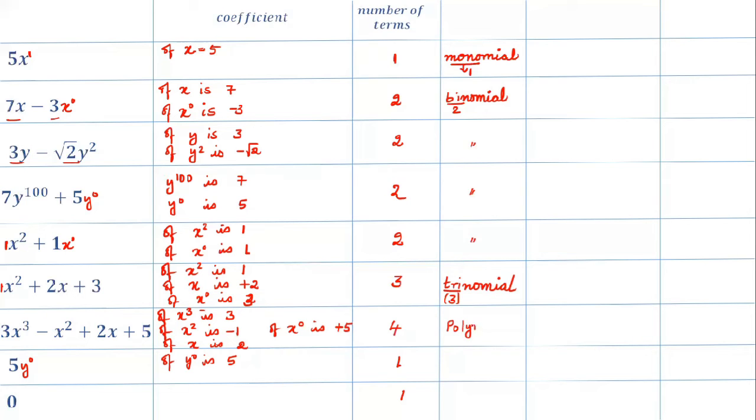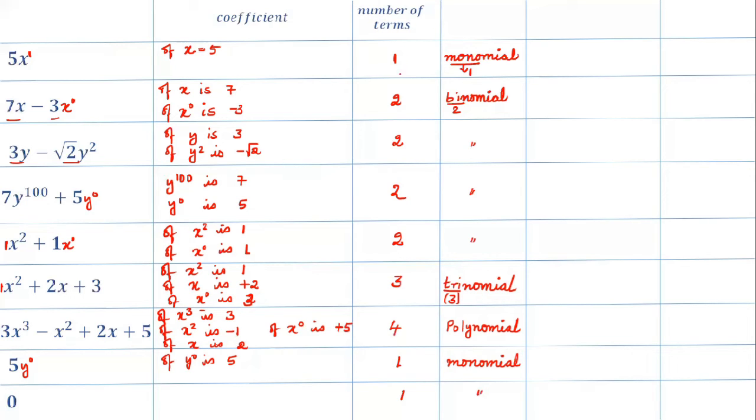Polynomial having more than 3 terms, we won't give a specific name. It is called polynomial in general. But remember, all monomials, all binomials, all trinomials are polynomials.